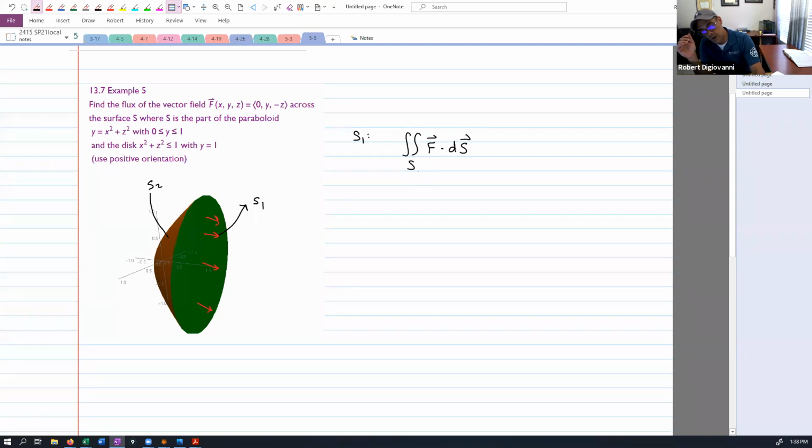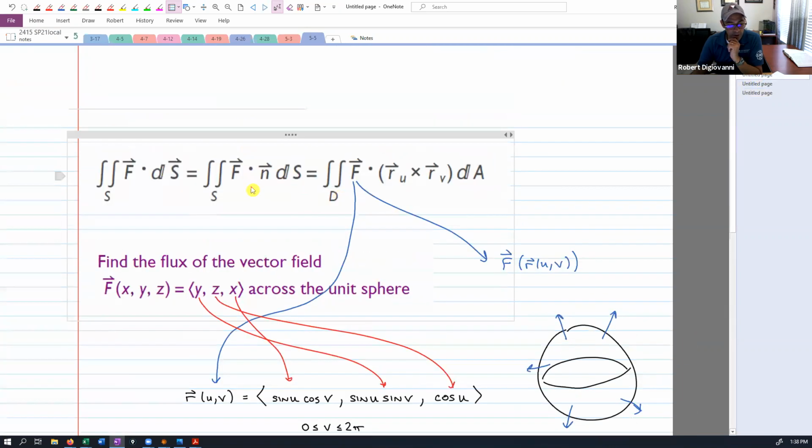There's something uniquely special about this problem that we haven't run into yet. On this formula for the sphere, I skipped this one because the normal vectors on the sphere are always changing no matter where you are on the sphere. They're always different.